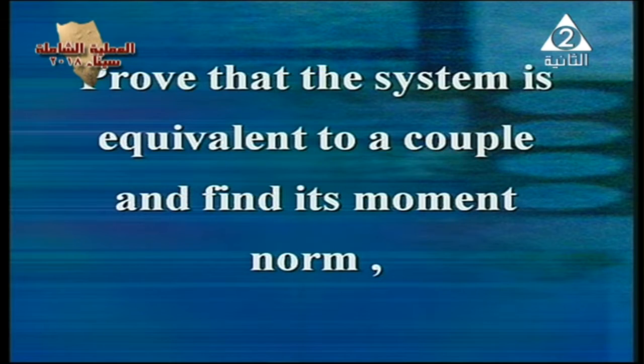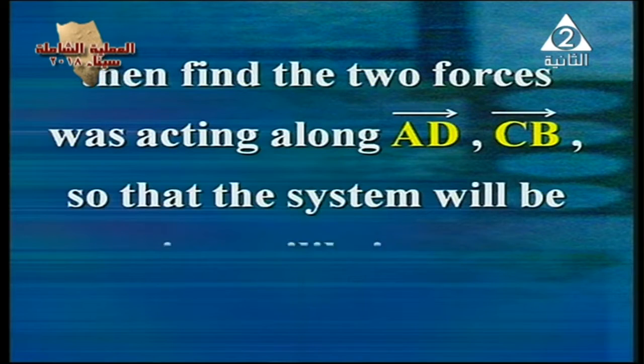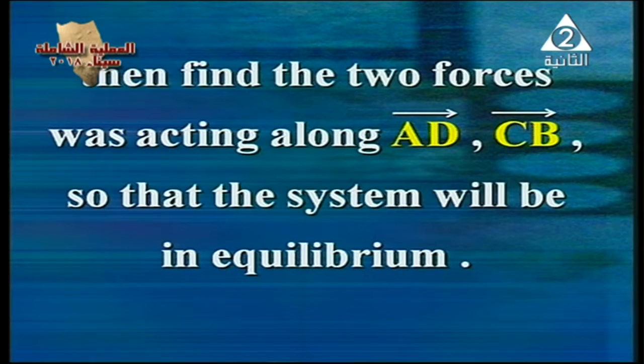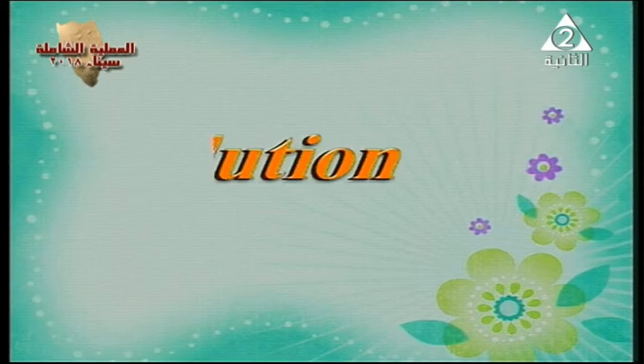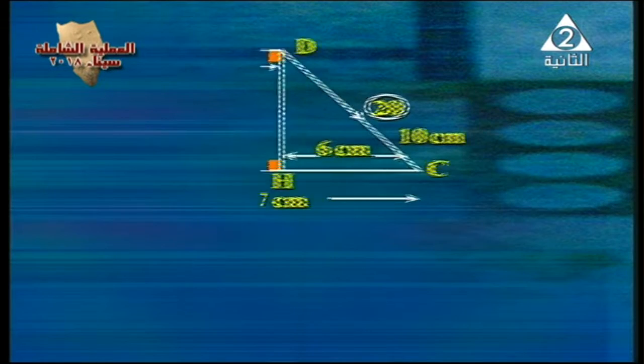Prove that the system is equivalent to a couple and find its moment norm. Then find the two forces which act along the AD direction, ray CD, ray CB, so that the system will be in equilibrium. Look at the solution.